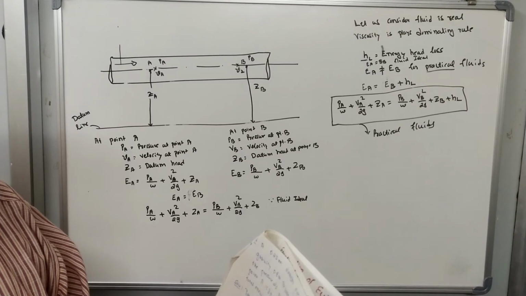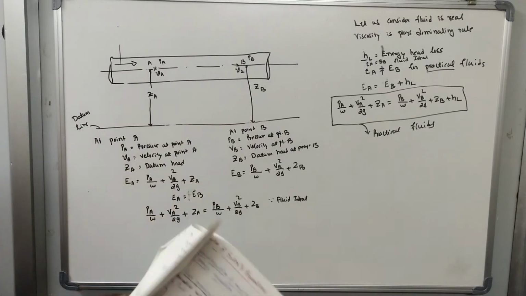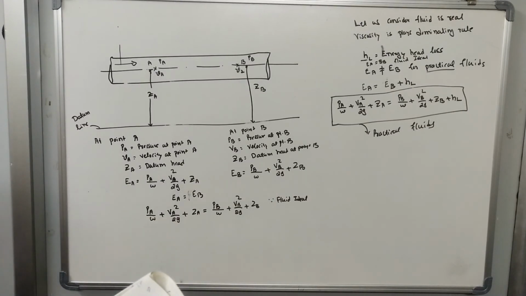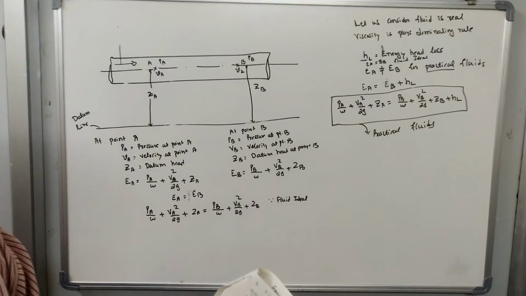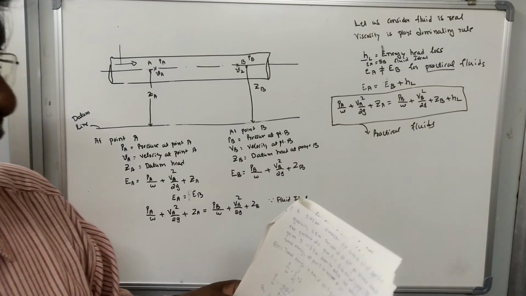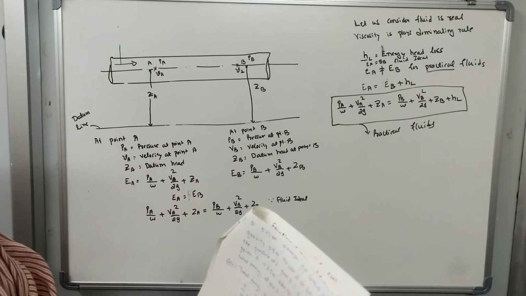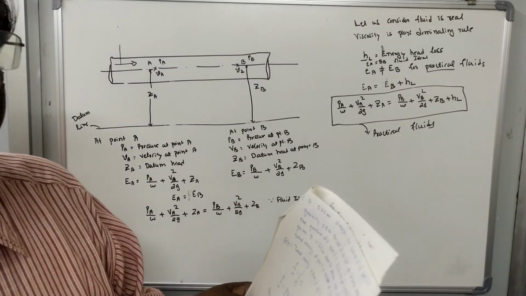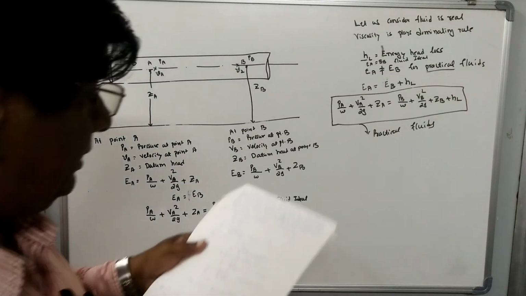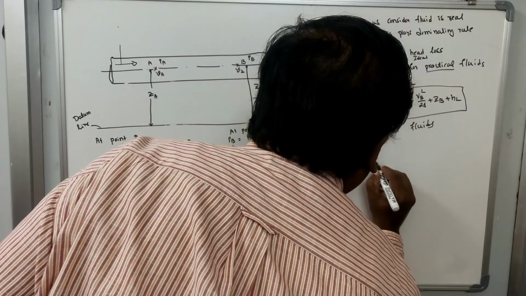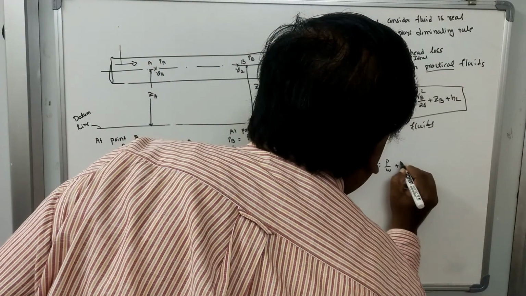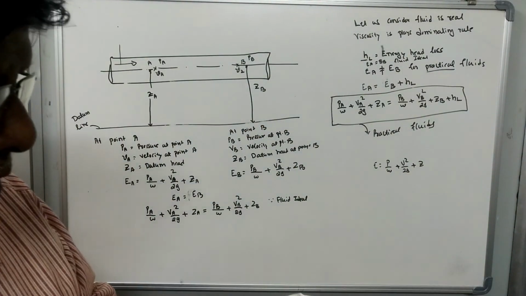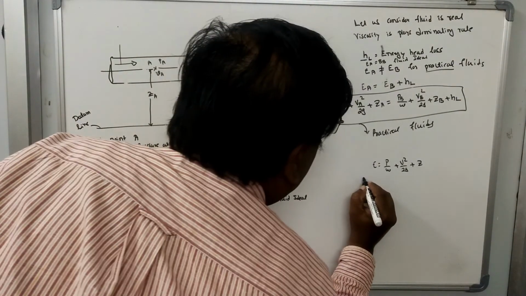If point A is 3.5 meter above the datum, calculate the total energy at point A in meters. That is, total energy E is equal to P by W plus V square by 2G plus Z.